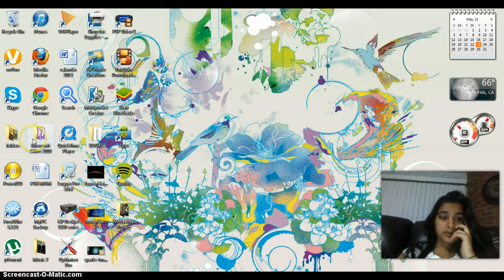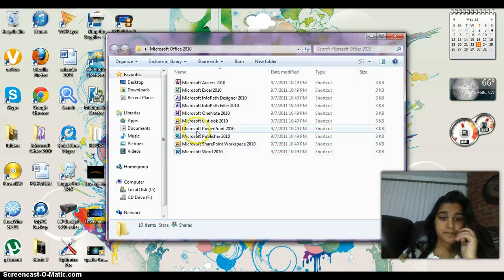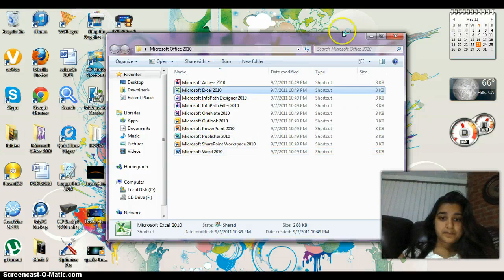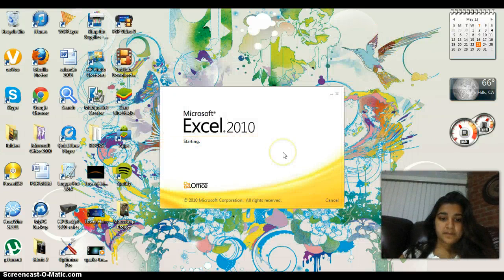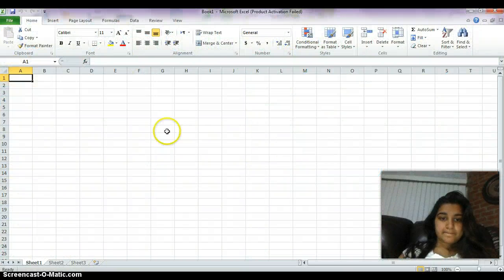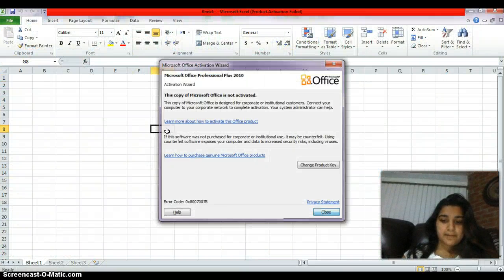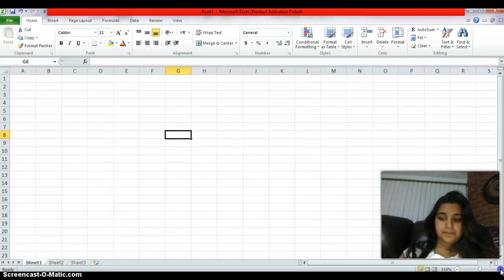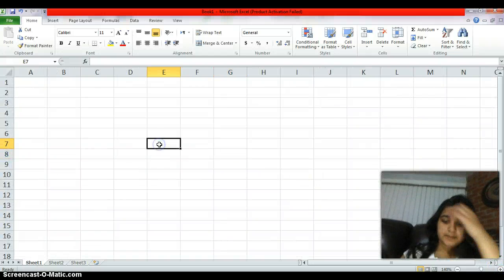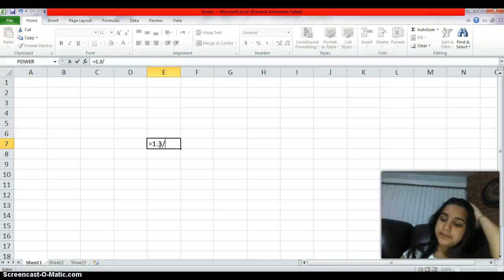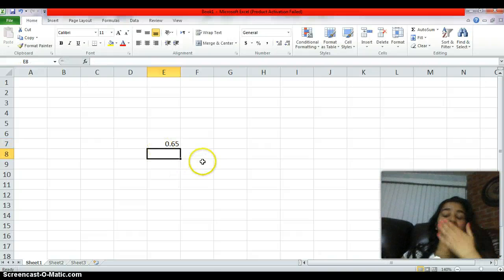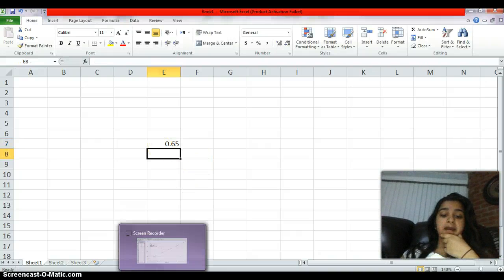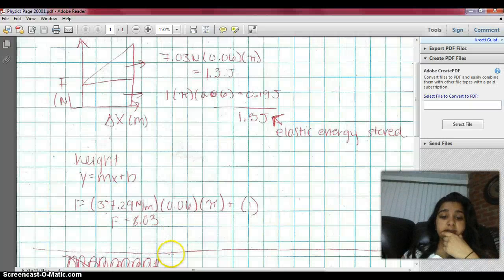So let's pull up Excel. Okay, so it was 1.3 divided by 2, so that's that. This is correct, I believe so.